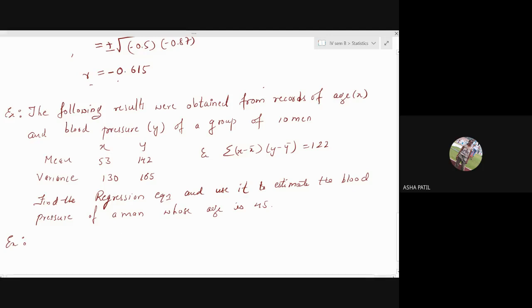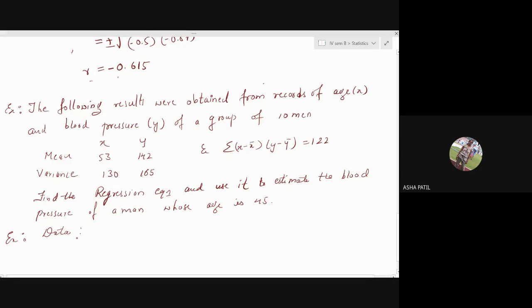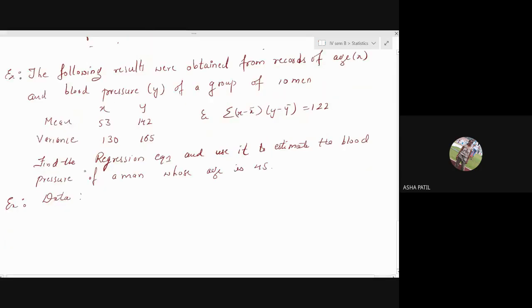Or can you at least tell me what data is given to us? What all things are given? This value, mean of x, x bar, is 53. Similarly, this value is mean of y. Let us denote it by y bar, 142.